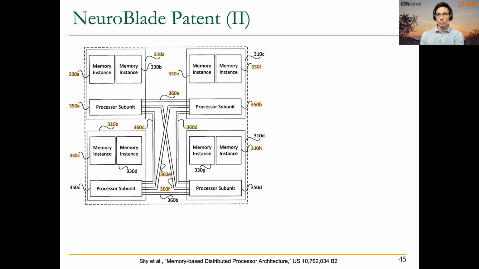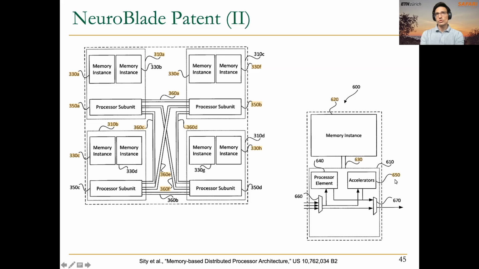This is just one example configuration where we can see the memory instances and the corresponding processing subunits. We find 4 processing subunits in this figure, and they are all connected to all, as you see. And you can take a closer look at the processor subunits and memory instance, and in these processor subunits there might be different types of processing elements and accelerators.